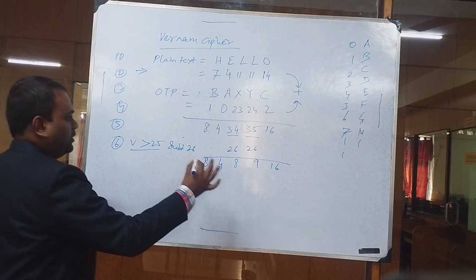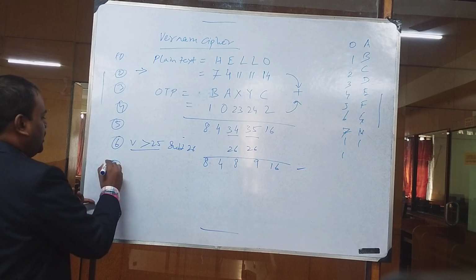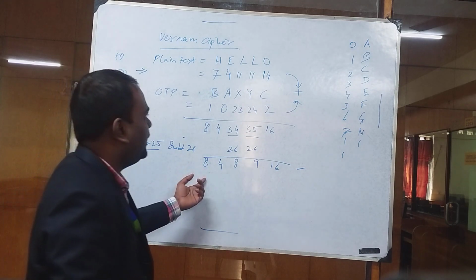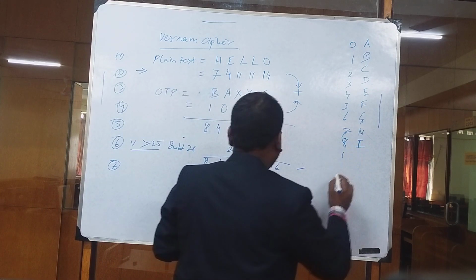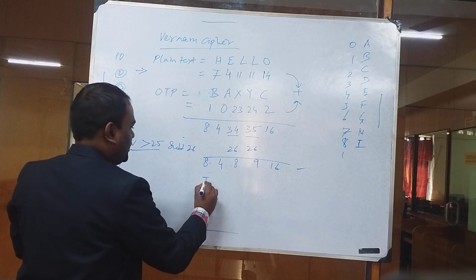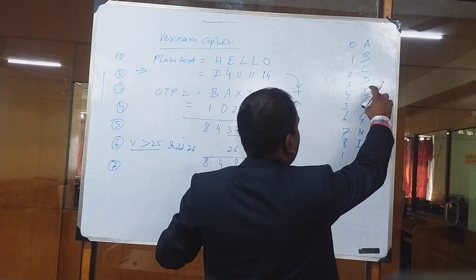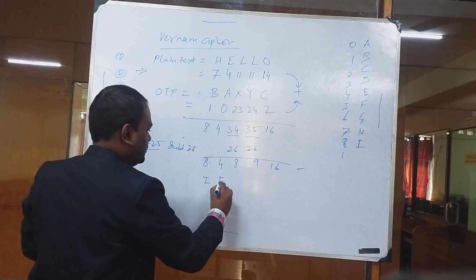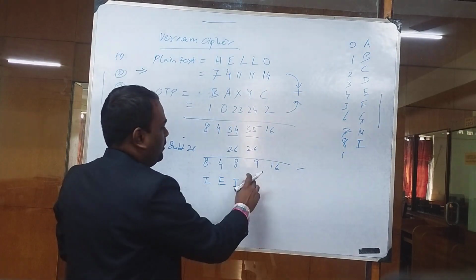So this will be our cipher text. In the seventh step, we have to convert these values into character format. 8 is at the 8th position, so this will be I. 4, what is 4? Serial number 4 is E. At the 8th position, again I is there.